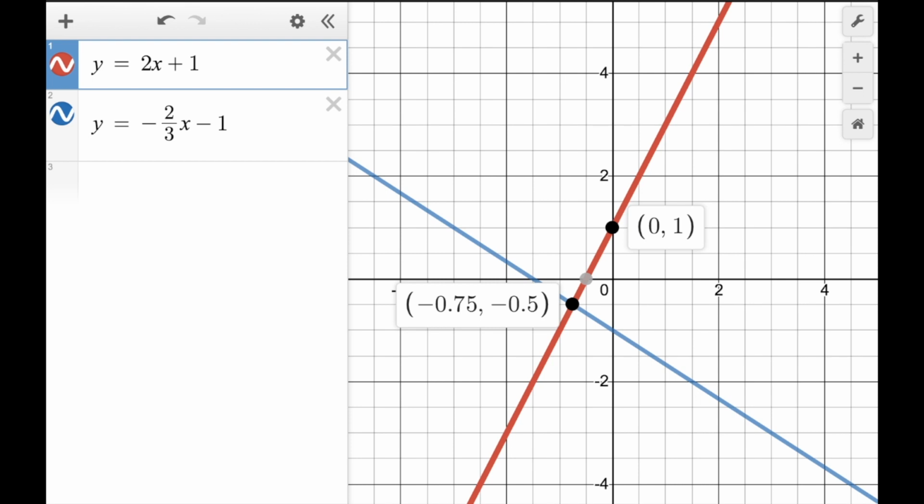Because again, this point here, negative 0.75 and negative 0.5, is the pair of x and y values that both of these two equations share. And that's what we're looking for when we're looking for a solution to a system of equations.